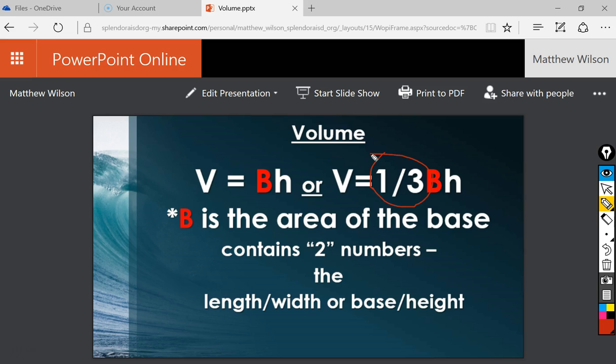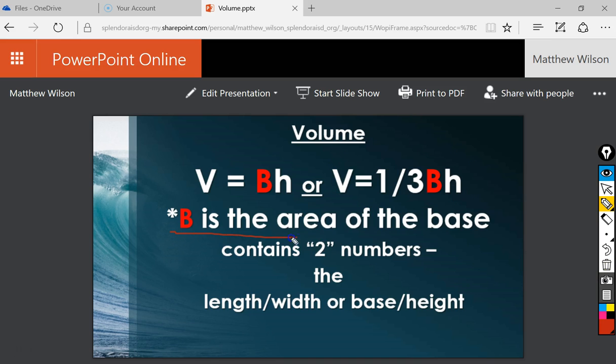The only thing that changes is that 1/3. Kind of like the difference between area for rectangles and area for triangles. We know a triangle is just 1/2 of base times height because it's half of a rectangle. Well, this one over here is 1/3 of base times height, so pyramids have 1/3 the volume of prisms. That's basically what it's telling you right there.